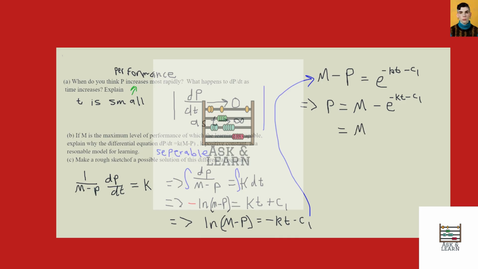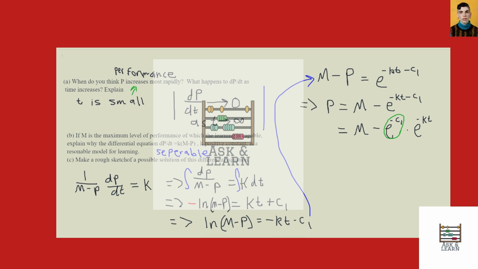So remember that when I have exponents being added or subtracted, it's the same thing as the bases of those exponents being multiplied. So I can write this as negative e to the negative C1 times e to the negative Kt. I'll just go ahead and call this e to the negative C1, since it also is just a constant.